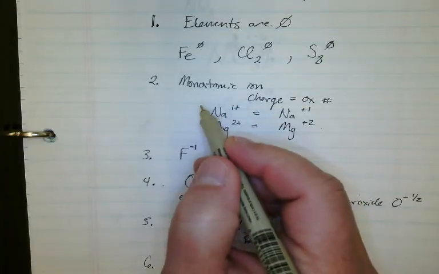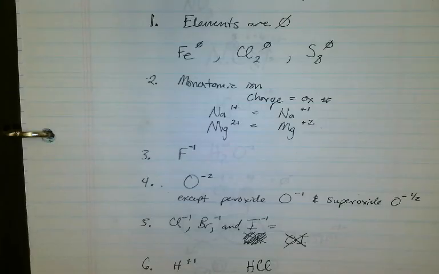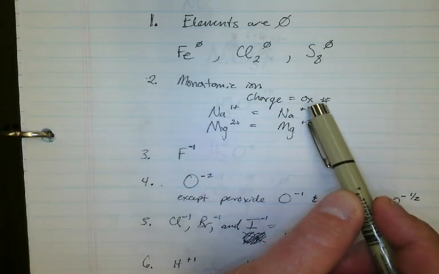Okay, next rule that I love. If you have a monoatomic ion, and you just got done with your nomenclature, which is why I held the nomenclature to this part, because you need it so much for this and for precipitation reactions. The charge is actually equivalent to the oxidation number.